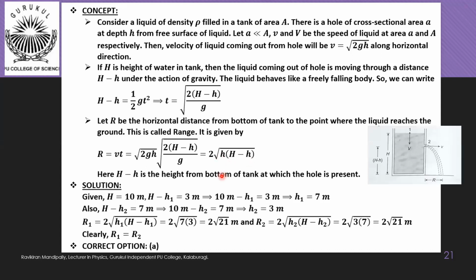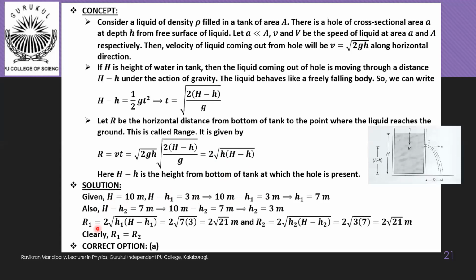According to the question, capital H is 10 meter, and the positions of the holes from the bottom are given. So capital H minus h1 I am taking as 3 meter, from which I get h1 is equal to 7 meter, and then capital H minus h2 is equal to 7 meter, from which we get h2 is equal to 3 meter. Now I am finding R1 and R2.